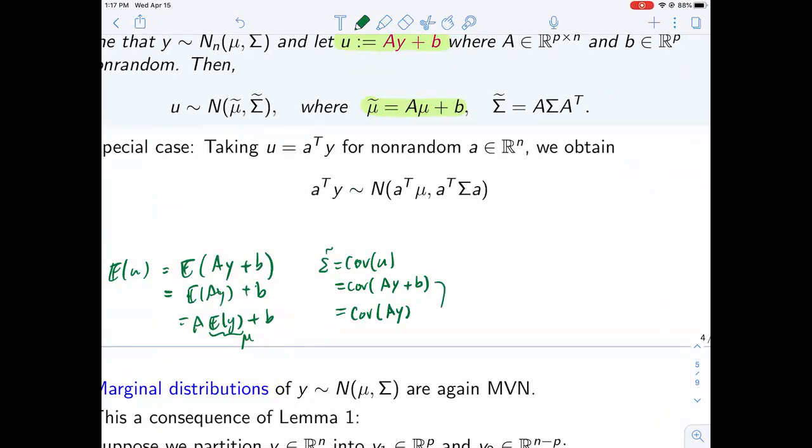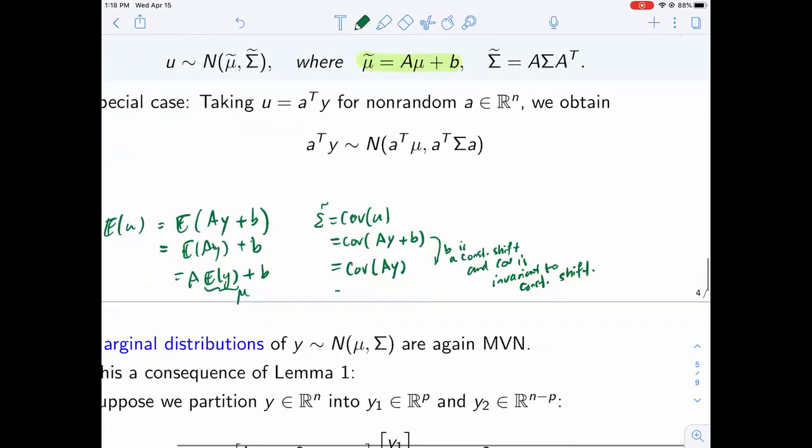Because you just remove the b because it's a constant. Covariance is invariant to a constant shift. So if you add a constant vector to another vector, the covariance doesn't change. Because if you recall, the covariance cares about the centered version of the random vector. So when you perform the centering, you just remove that shift.